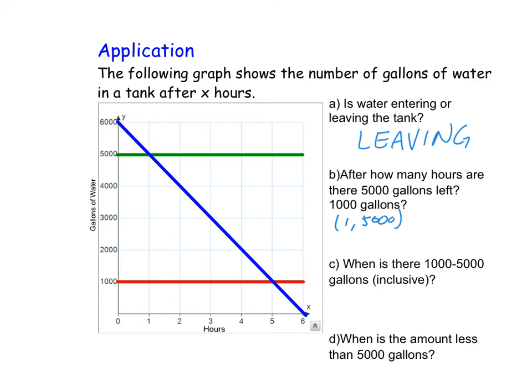So after 1 hour, be our answer there. And then the second question there in part B is, after how many hours is there 1,000 gallons, and so that's this point here. That corresponds to 5 hours, and if I wanted to write that as a point, it would be (5, 1,000). So after 5 hours, that's the second question.